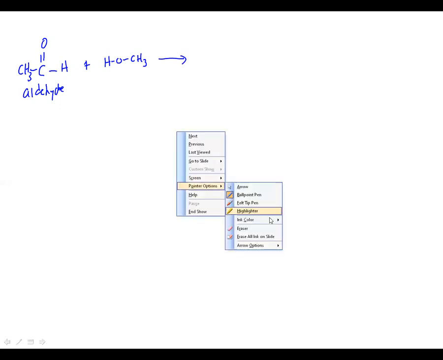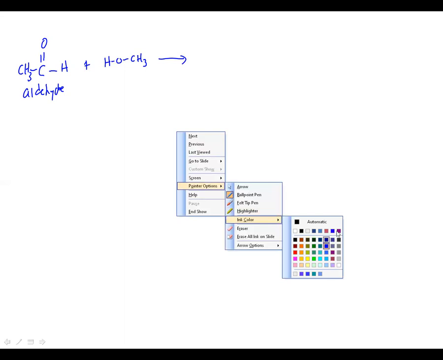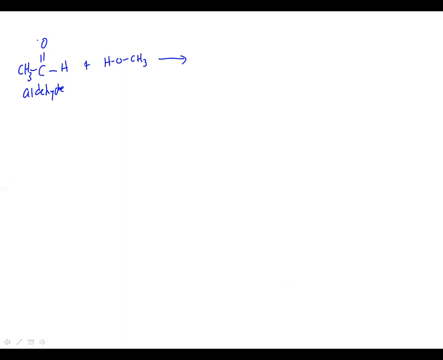It's all going to happen right here at that carbon-oxygen double bond. We're going to have to break that bond into a single bond to allow certain things to attach.